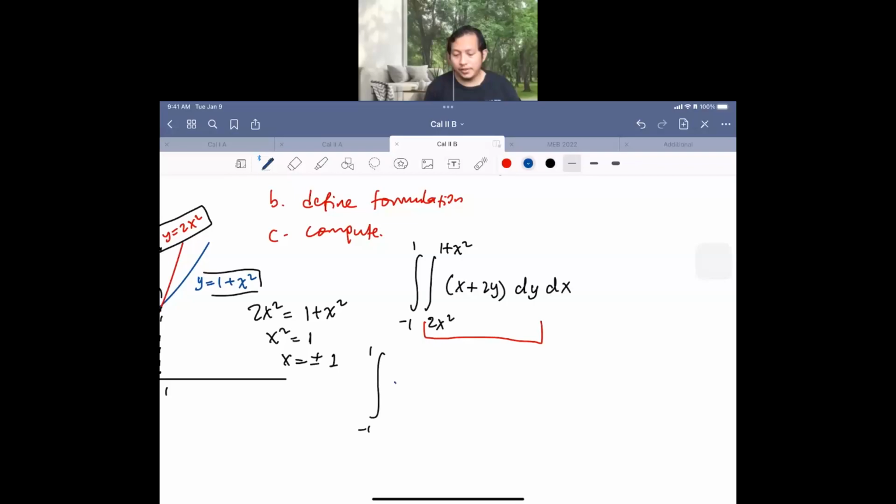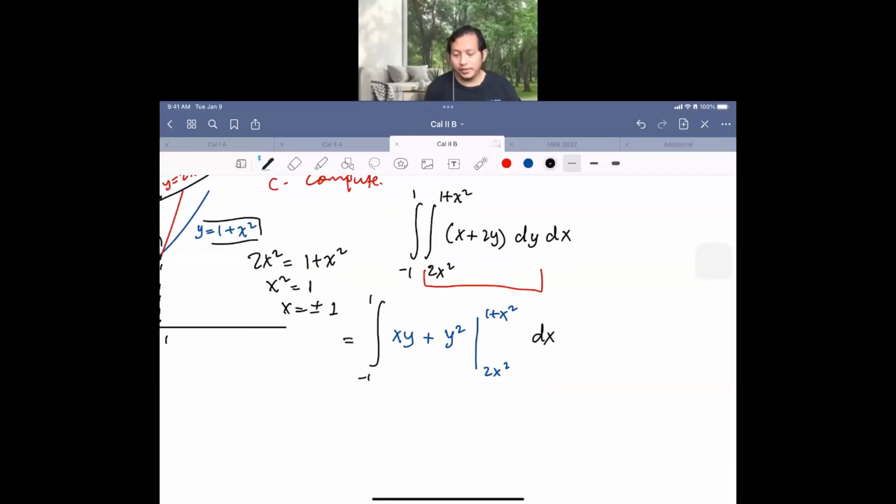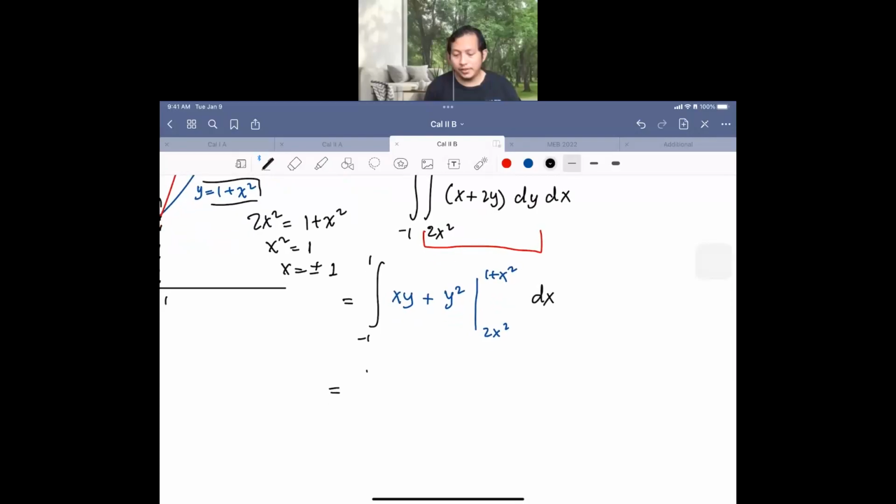So x becomes xy, and y becomes y squared over 2. And then you need to plug in these two equations. It takes a while. So x times 2x squared plus 2x squared, squared, and then minus, oh sorry, should be 1 plus x squared.